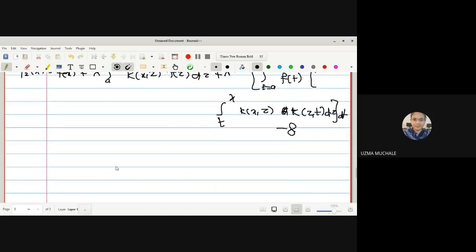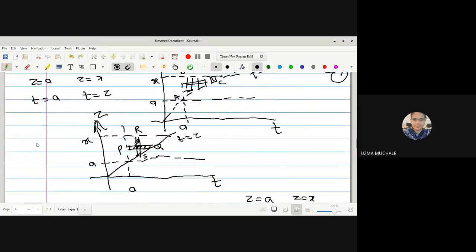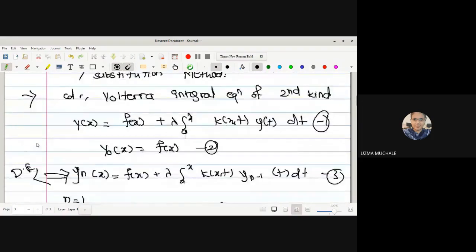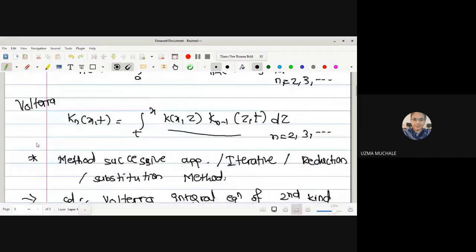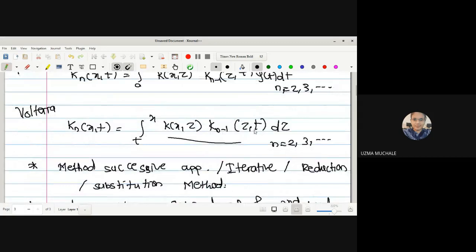Now we know the iterated kernel. What is the formula for iterated kernel? Kn of xt is equal to integration of k of xz Kn minus 1 of zt dz. Right? This is the formula for iterated kernel.